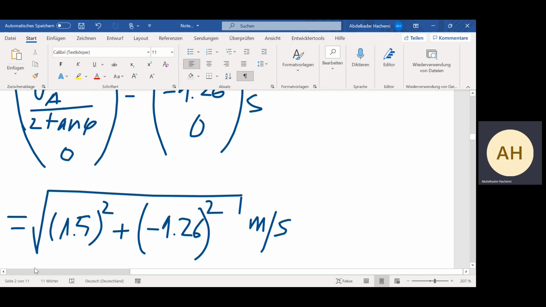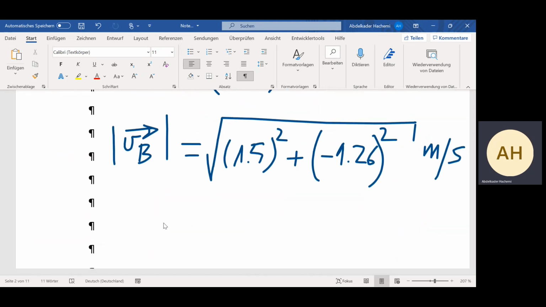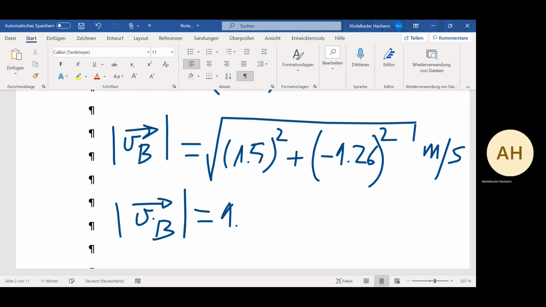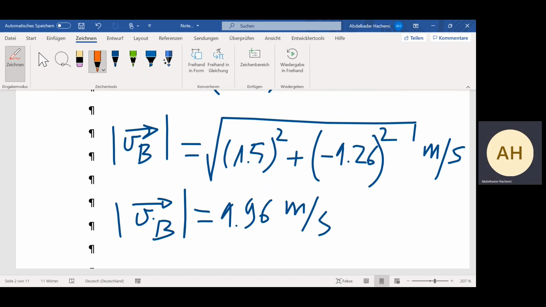Then we get here the value of VB. It's equal to 1.96 meter per second. This is the value of VB. Okay.